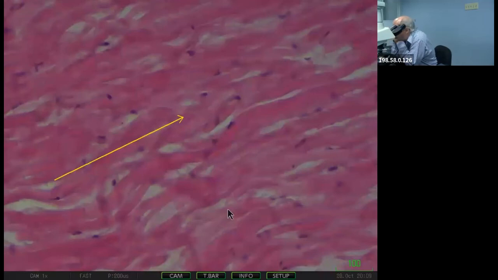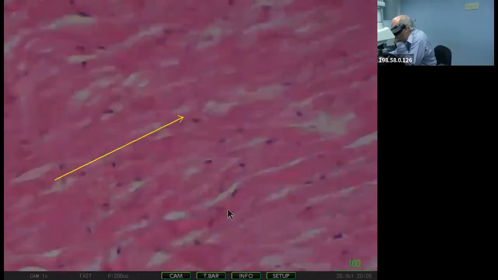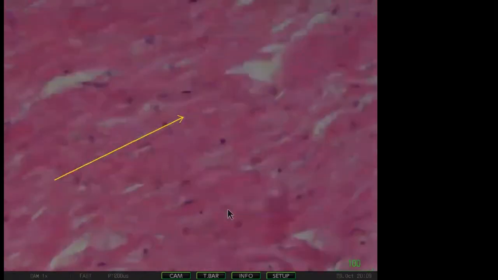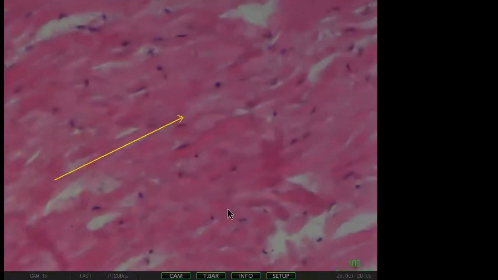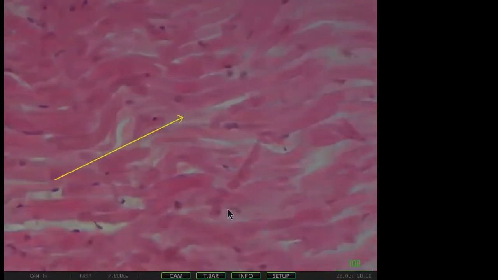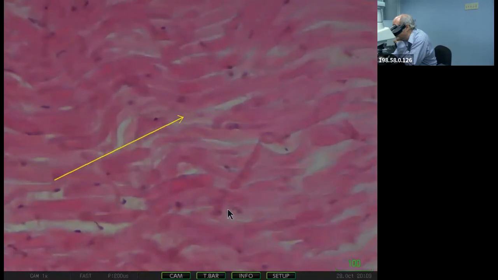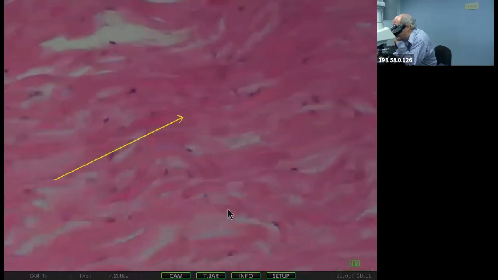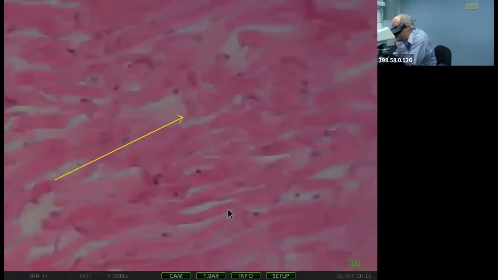Smooth muscle in the intestine, the jejunum.